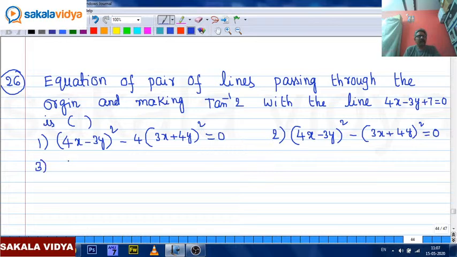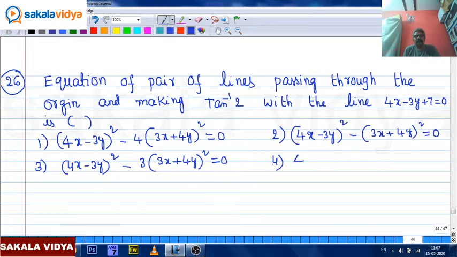Third option: (4x minus 3y) whole square minus 3 times (3x plus 4y) whole square equal to 0. And fourth option: 4 times (4x minus 3y) whole square minus (3x plus 4y) whole square is equal to 0.